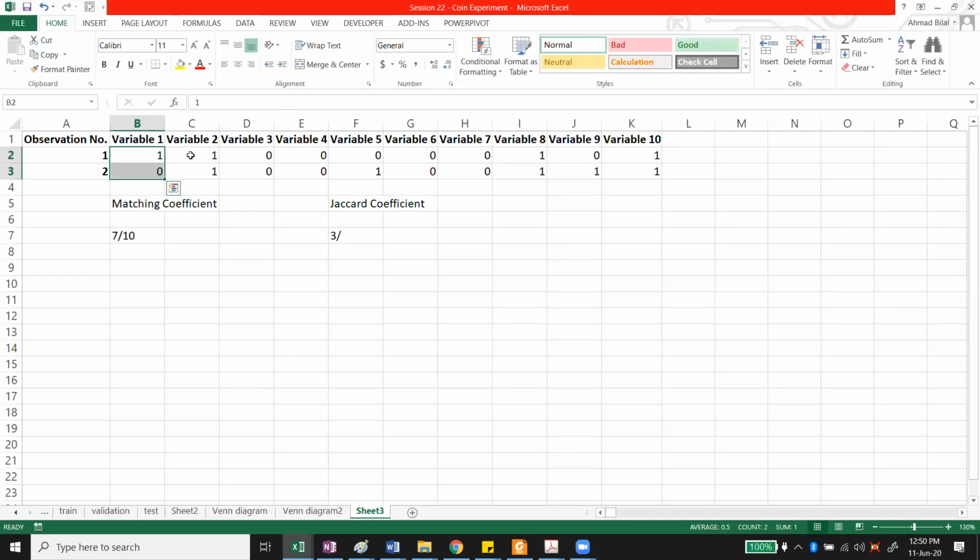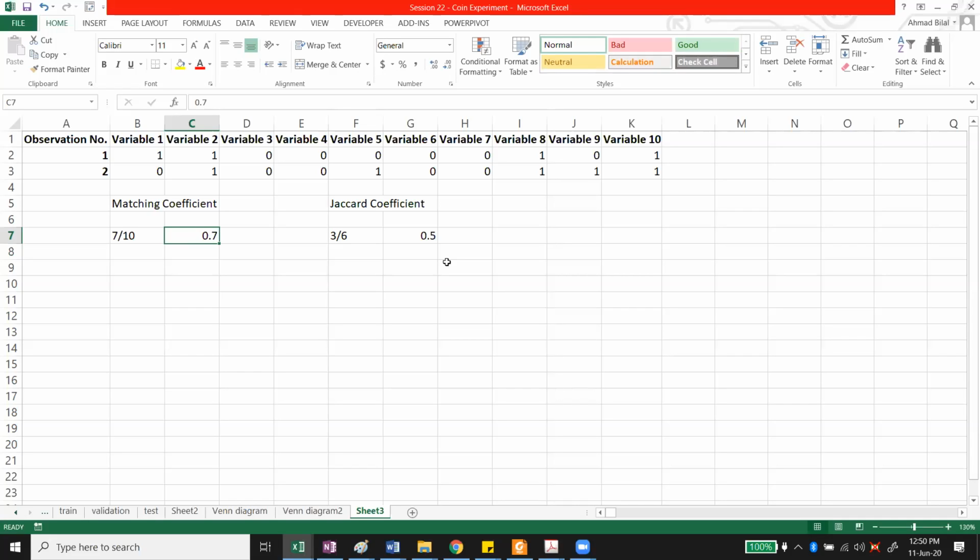So first variable, second variable, जो 0 0 वाला case है, we're going to ignore that. The third case, the fourth case, fifth case, sixth case. We have 6 total values. So यहाँ पे जो Jaccard coefficient होगा, that's going to have a value of 3/6. So this gives us 0.5 as the result, and this gives us 0.7 as the result.